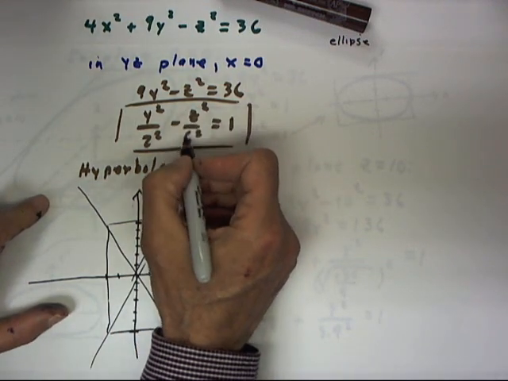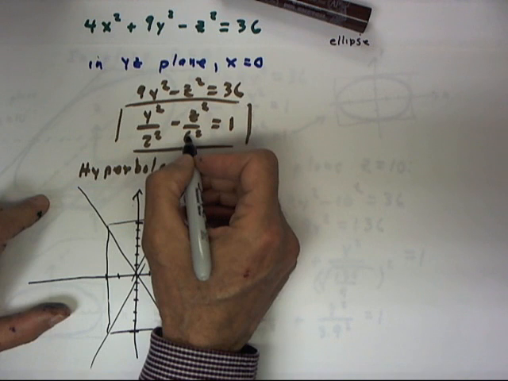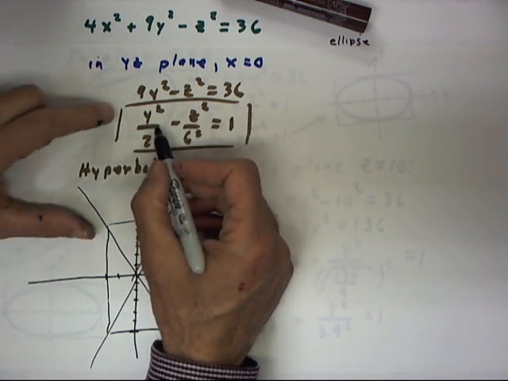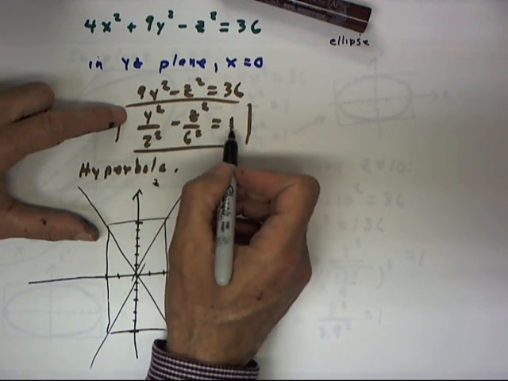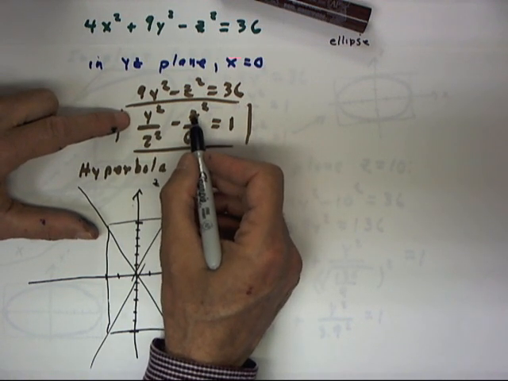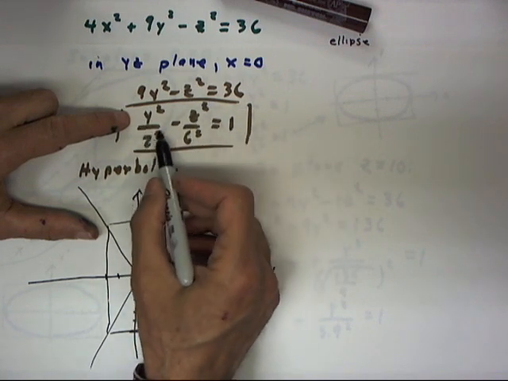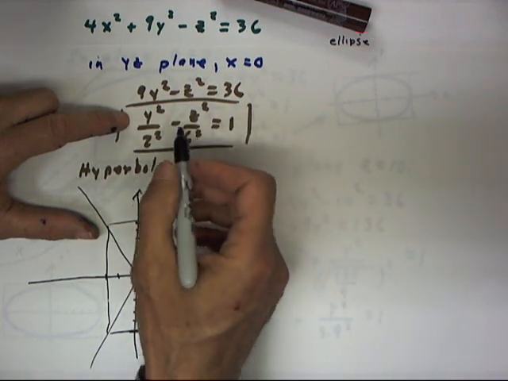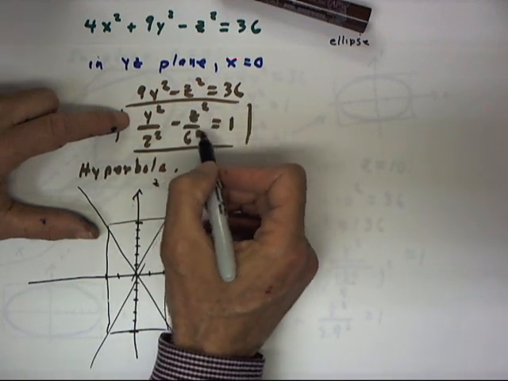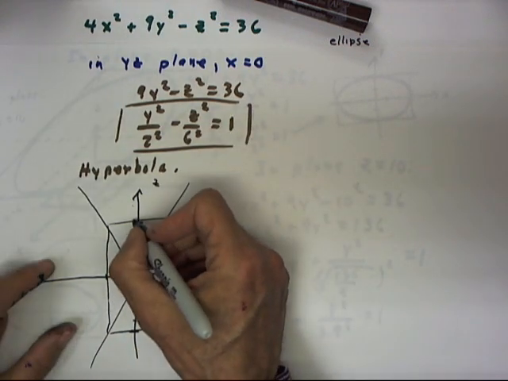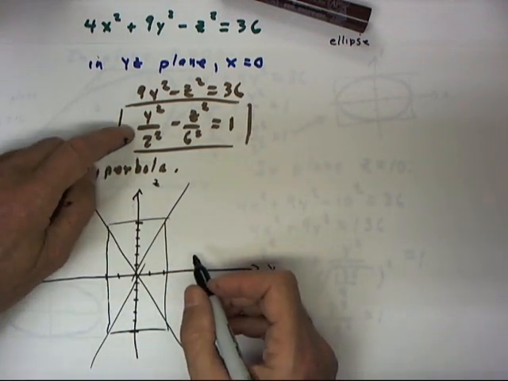Now, we can let z equal 0 on this graph, and it's possible to find the y that works here. In other words, if y is plus 2 or minus 2 and z is 0, it's easy to verify that this equation is satisfied. Whereas if y was equal to 0, we would have a negative equal to a positive, so that's not possible.